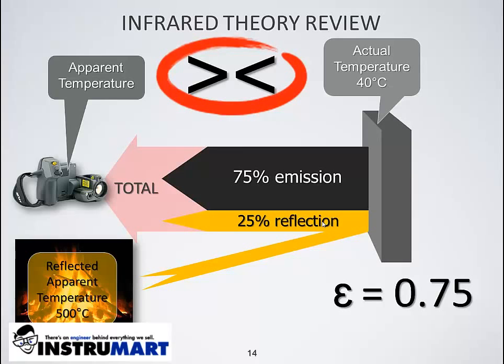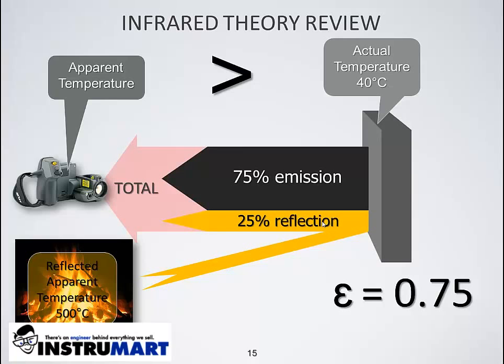Will the camera, in this example, report an apparent temperature higher or lower than the actual target temperature? Well, if you said the IR camera will report an apparent temperature higher than the actual temperature, you are correct. The 500 degree reflected radiation will add to and increase the 40 degree radiation emitted from the target.